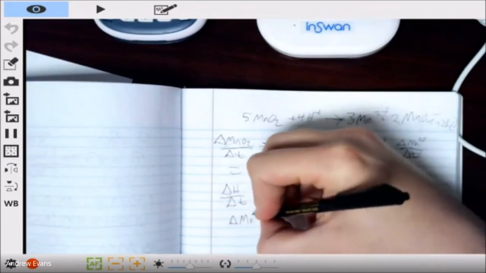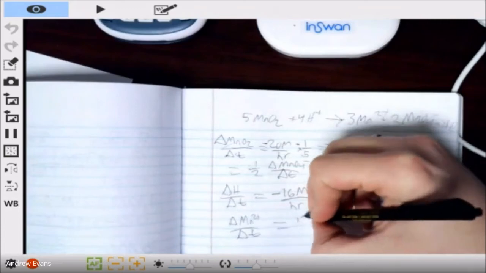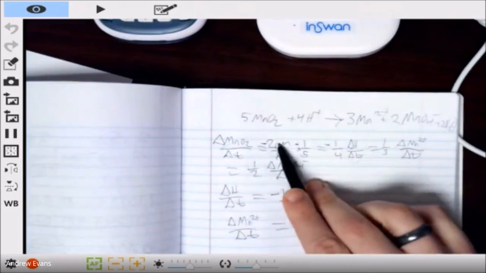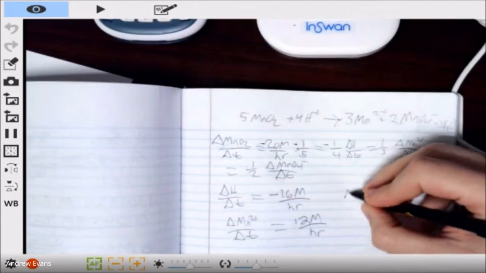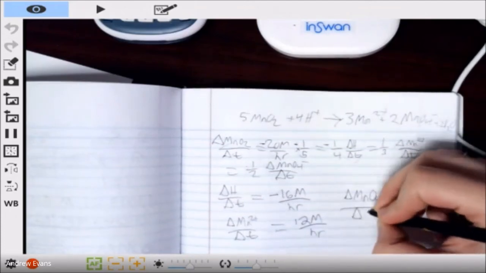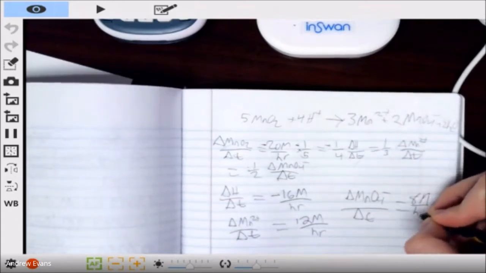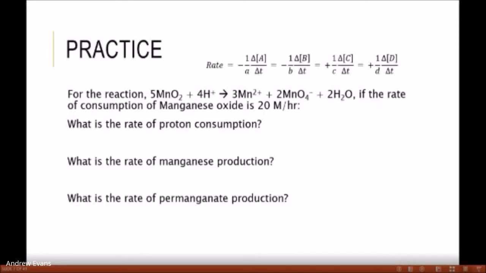So for manganese, positive 4 times 3 is 12 molar an hour. 4 times 2, so permanganate is just going to be 8 molar per hour. If you looked at these, you could thus measure them without care. As long as you could measure one, you knew the others.